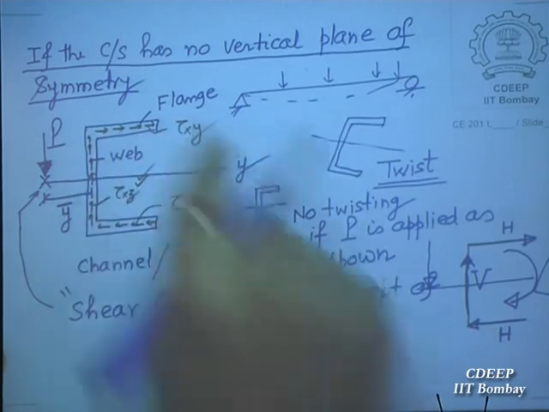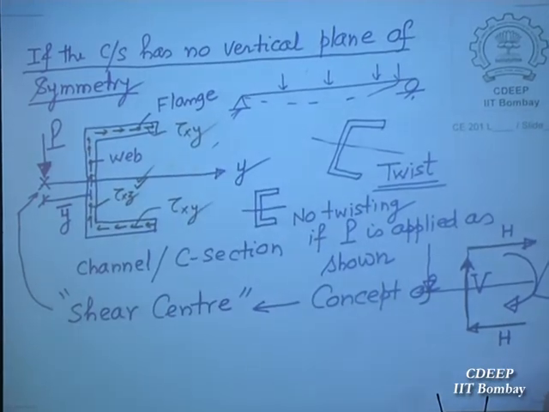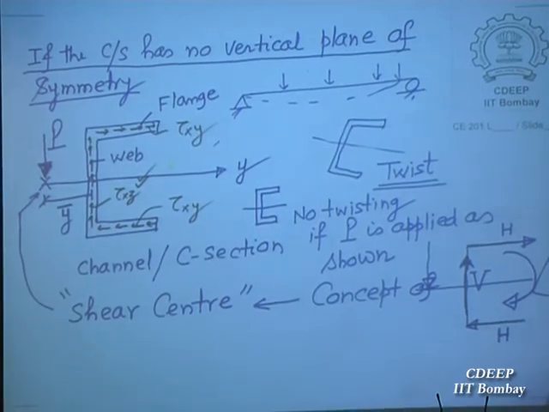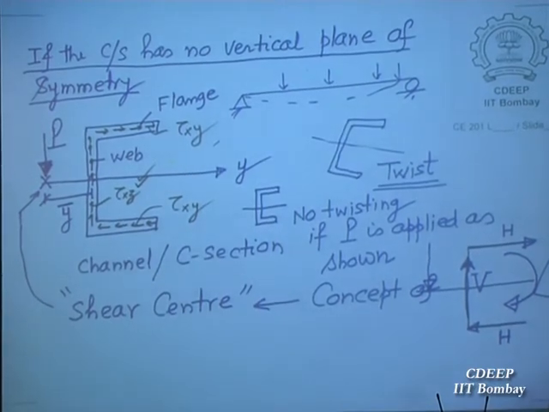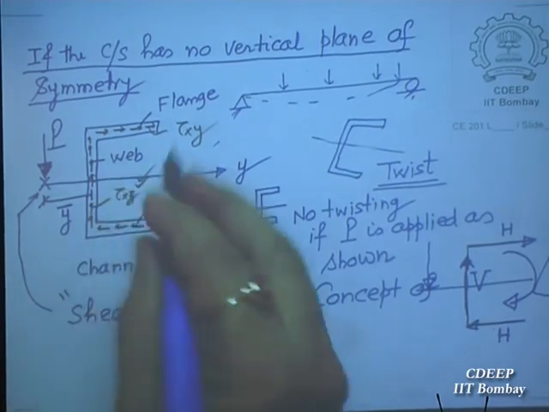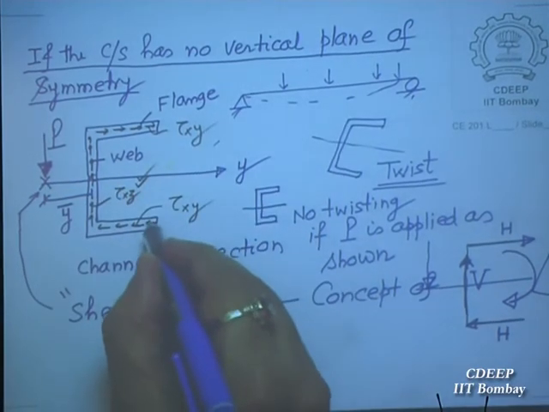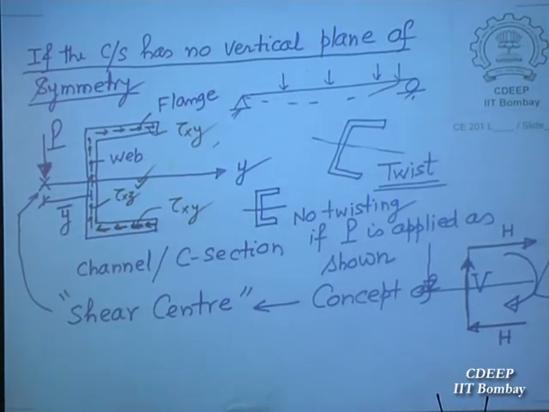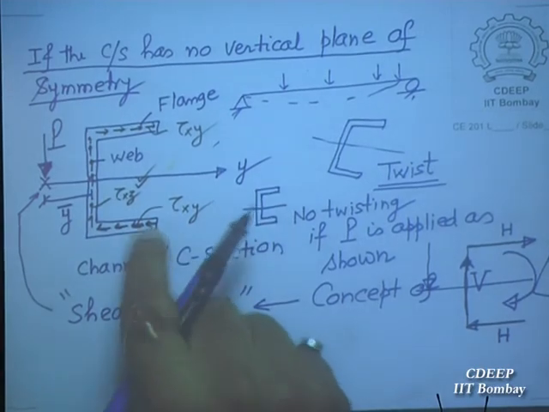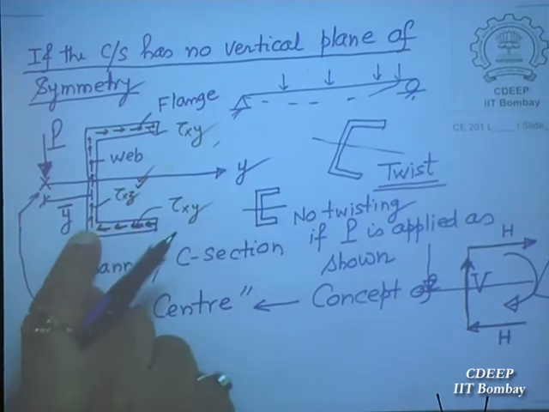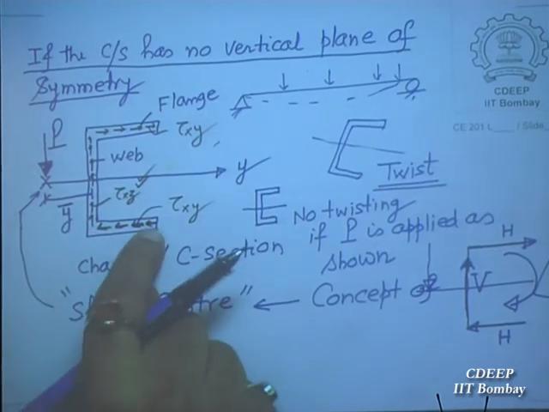It is very easy. It is the magnitude of tau xy. How will you find out tau xy? If there is a shear stress variation, the shear stress is related to Q. We have to find out Q for this.